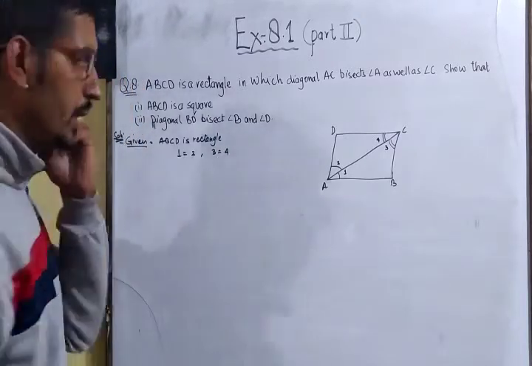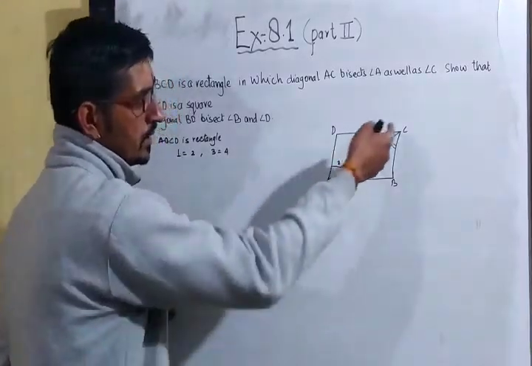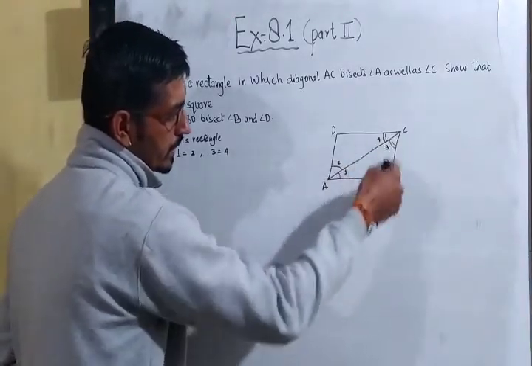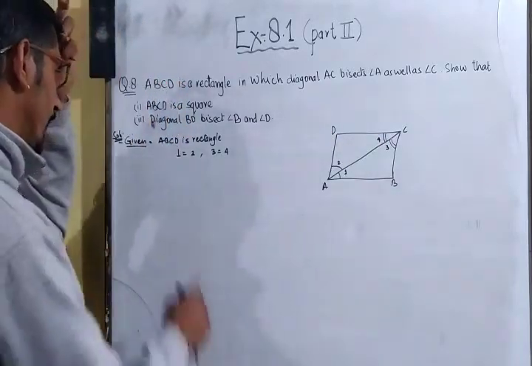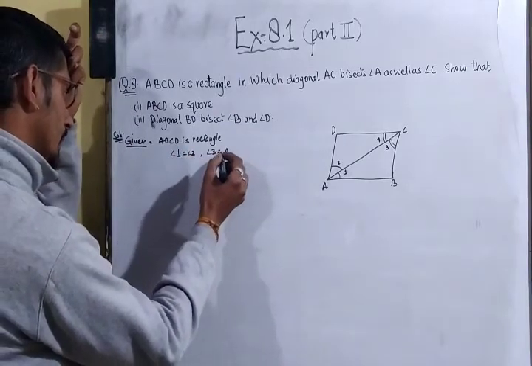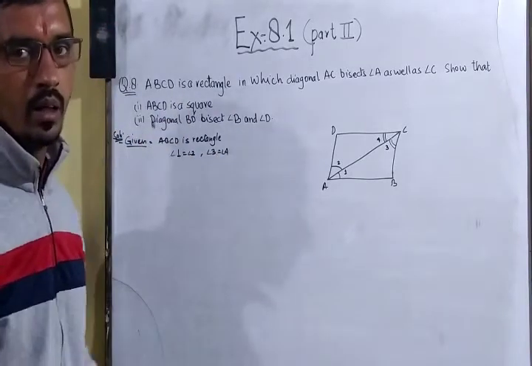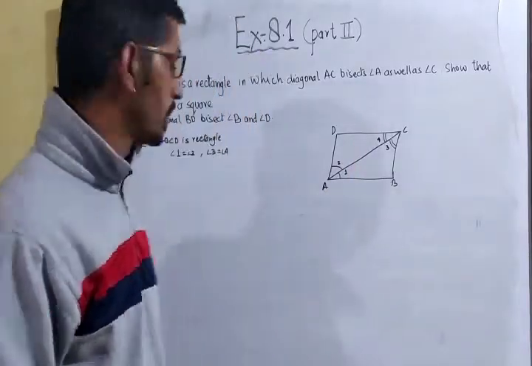BAC I called angle 1, CAD angle 2, ACB angle 3, and ACD angle 4. It is given that angle 1 is equal to angle 2 and angle 3 is equal to angle 4. For making it easy, I am just giving the angles names.